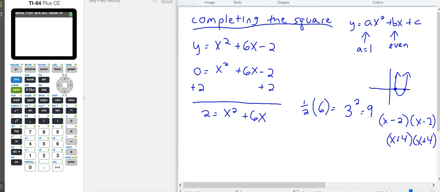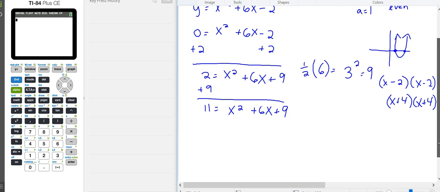So we're going to add 9 onto this side of the equation. We can't just add 9 to one side of the equation. If we're adding 9 to one side, we also have to add 9 to the other side. So 2 plus 9 is 11, which equals x squared plus 6x plus 9.